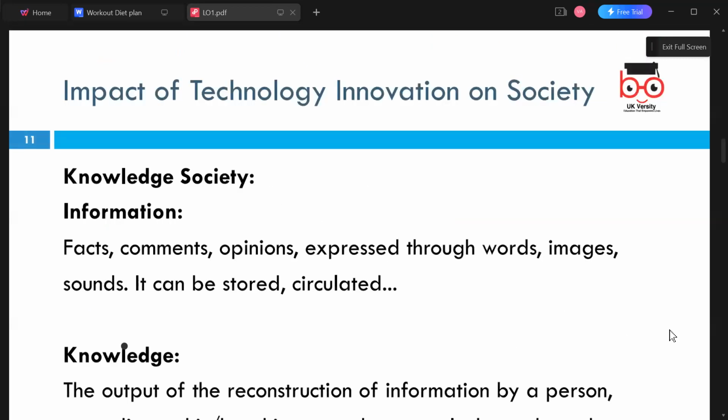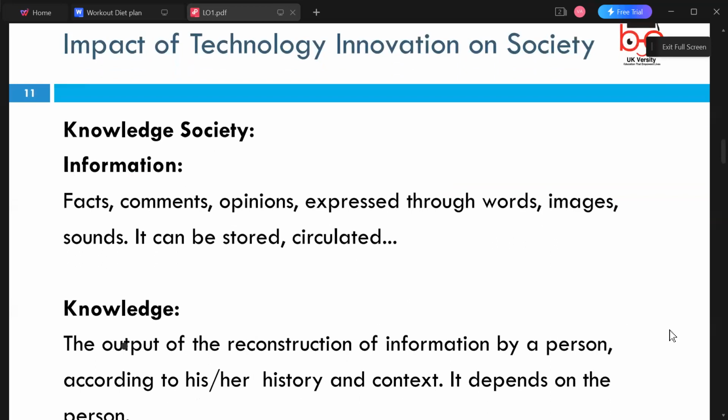So these are a few of the negative aspects that come with technology.